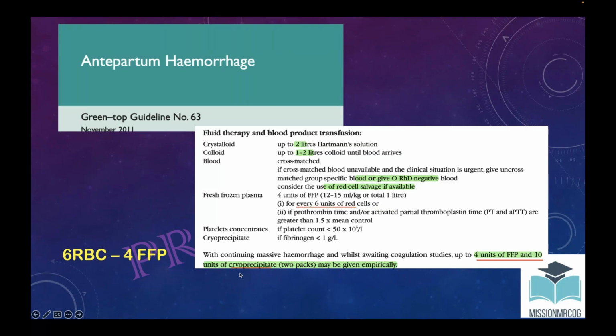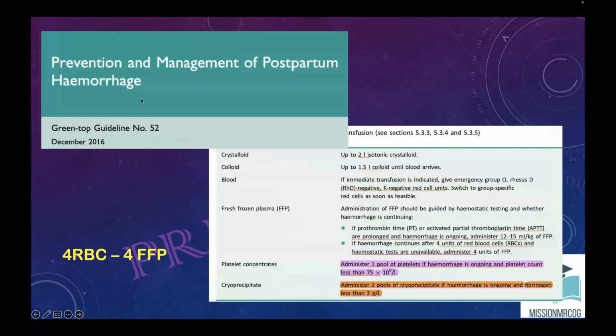So this is the antenatal guideline, and there is a difference in the PPH guideline. In the PPH guideline, for every 4 units of RBCs, they give 4 units of FFP, and 2 of cryoprecipitate.